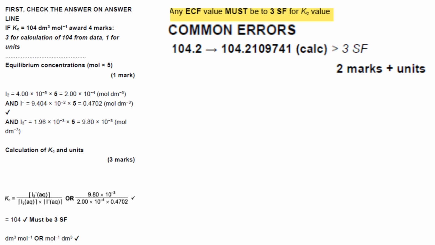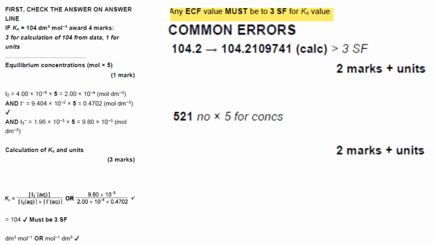So there's about 6 different errors, and I'll try and explain what's happened in each case. Well, this person, they've definitely got the right number, but they haven't done it to 3 sig figs and they forgot to put units in, so they lose 2 marks. This person hasn't put the concentrations in, they've just plugged in the mole values that they were given. So what they mean by times 5, it's the same as dividing by 0.200 like we did.